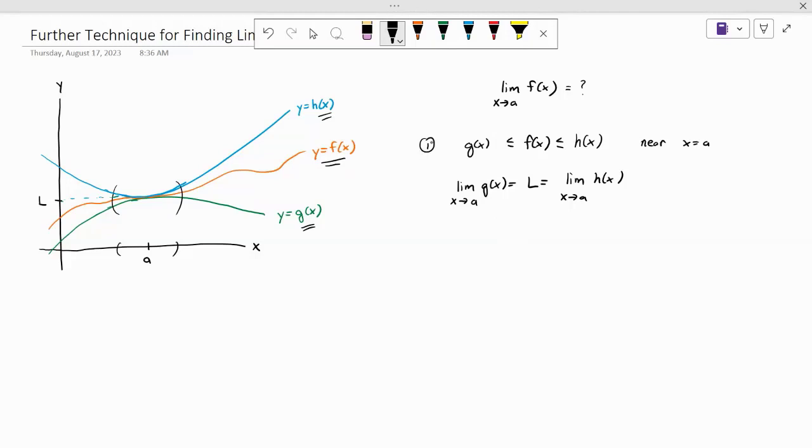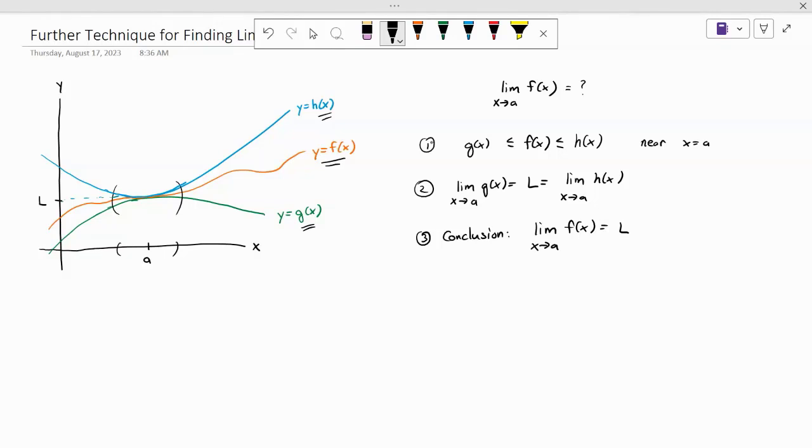So if you have these two conditions satisfied, then we say that our function is being squeezed to have the same limit. Okay.